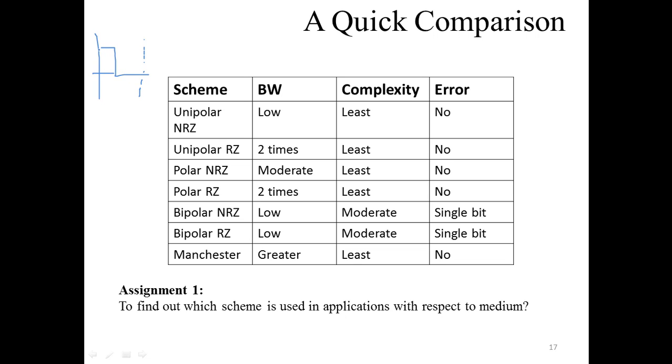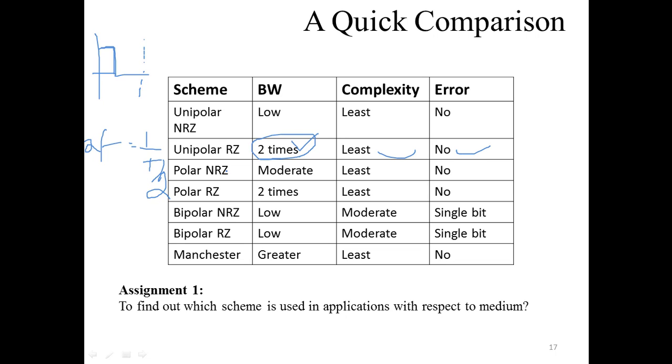If you reduce the time of the symbol to half, the bandwidth will be double, 2 times. You know the relationship between time and frequency. If you divide the time by 2, you are multiplying the frequency by 2. So this is the bandwidth that will be required, and this will be twice. And again, this is the least complex level, and you have no control on the error.